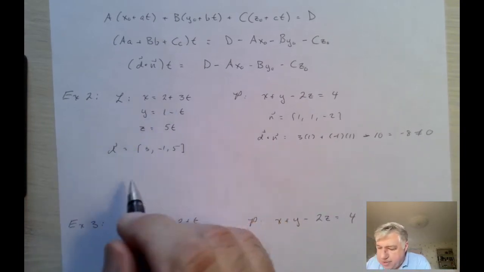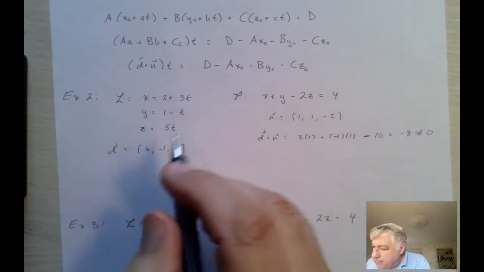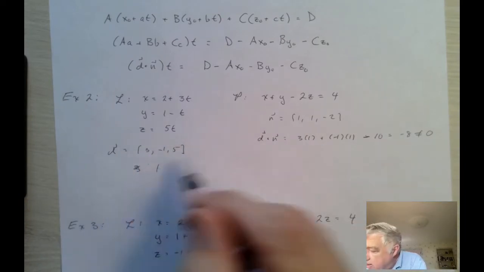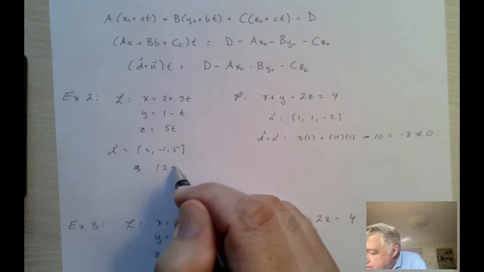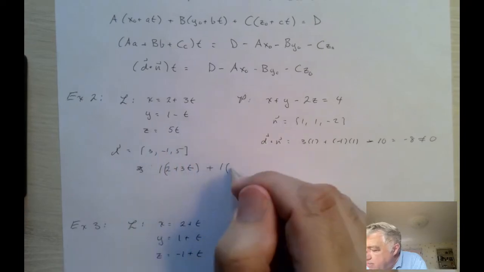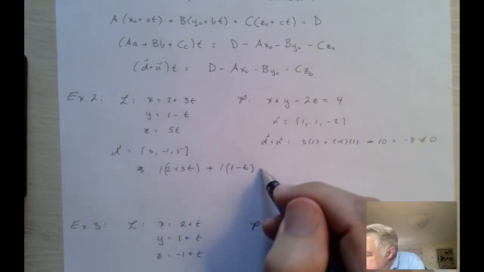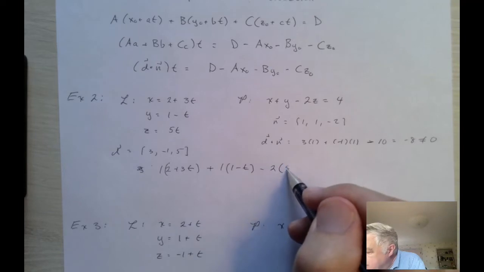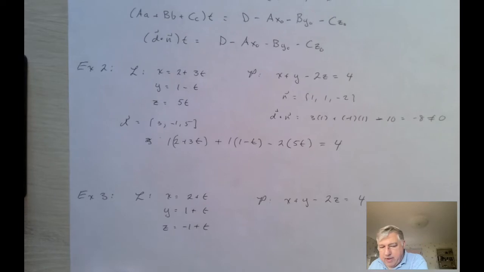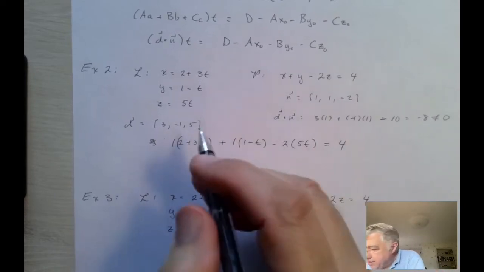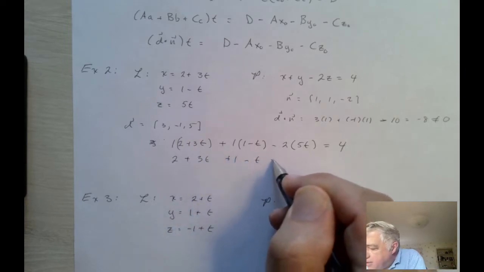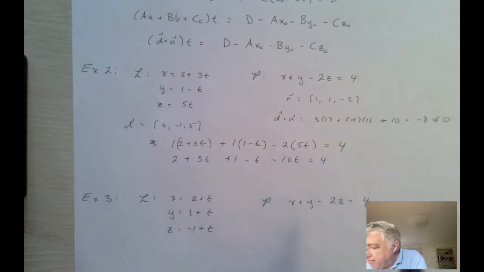To find out what this is, we can just substitute that in here. So we get 1 times 2 plus 3t, plus 1 times 1 minus t, minus 2 times 5t equals 4. This gives us 2 plus 3t plus 1 minus t minus 10t equals 4.